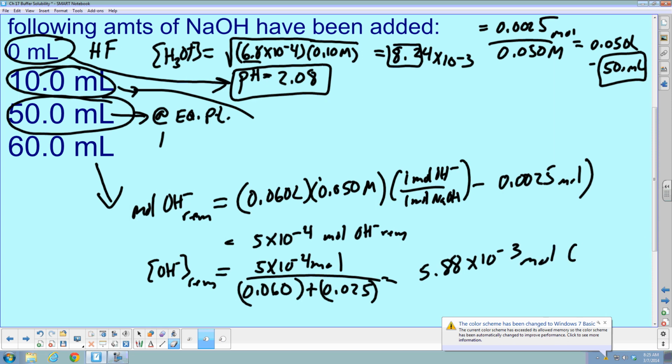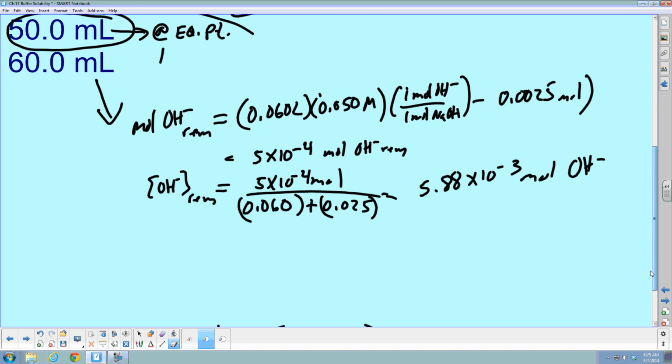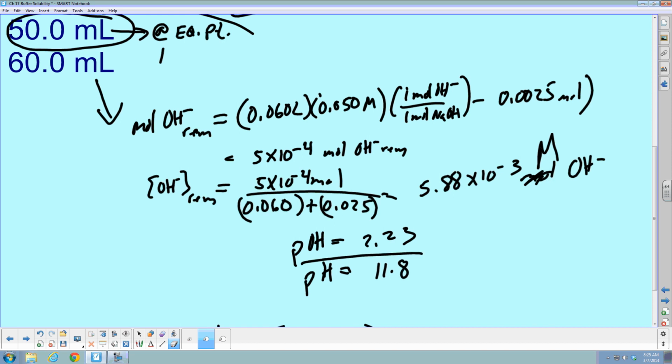That's not moles, sorry, that is my molarity of hydroxide. Then I can get my pOH, take the negative log, which is 2.23, and then I can get my pH by subtracting that from 14, and voila, 11.8. I had 1 sig fig here, so I could only have 1 decimal there. 11.8 would be the answer.